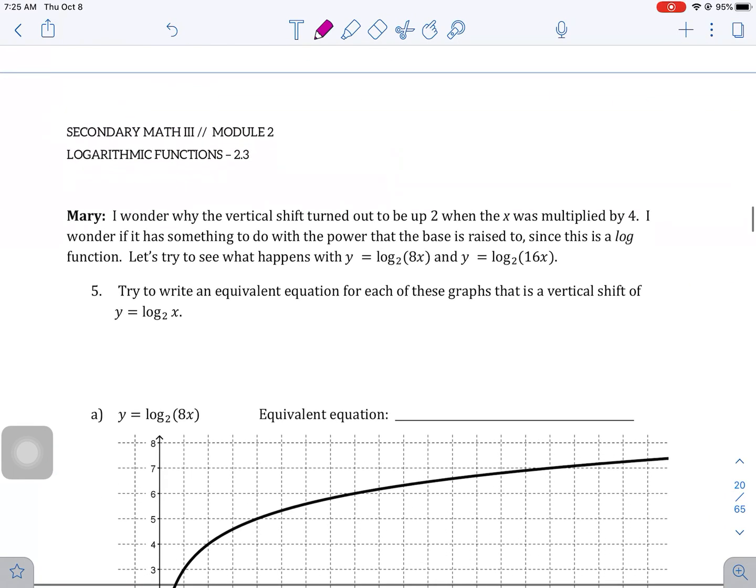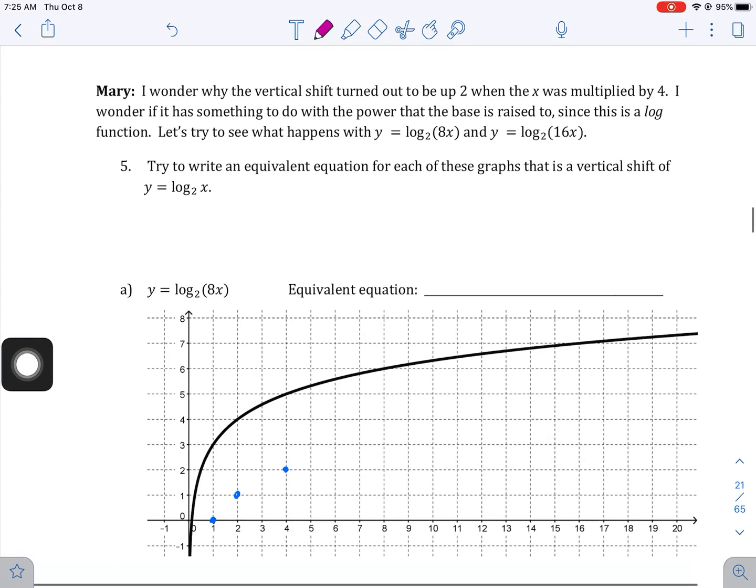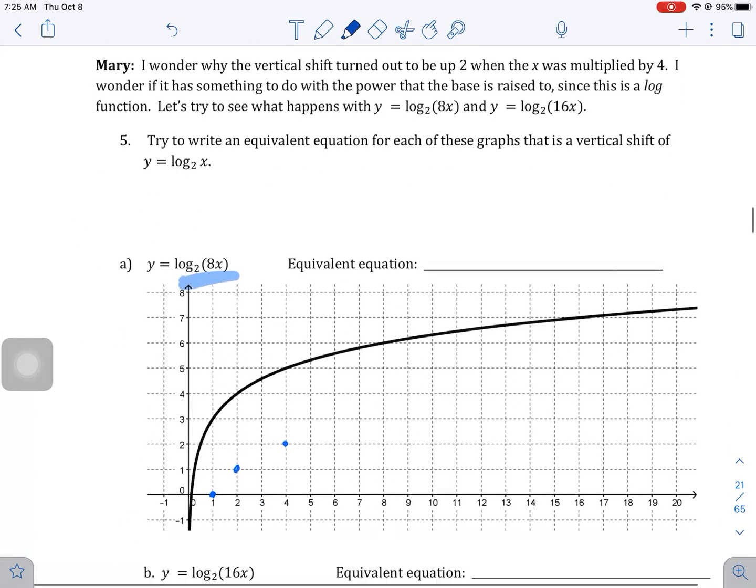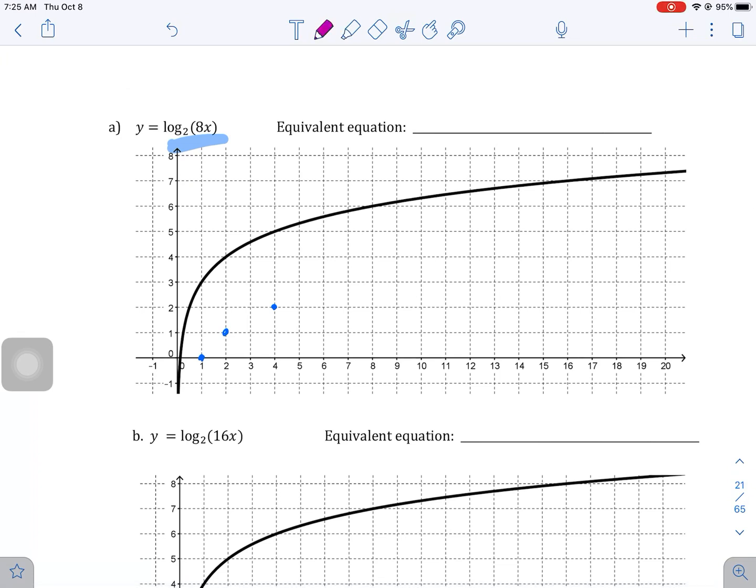Let's look at the next one here. It says Mary turned to plus 2. Let's see what happens with log base 2 of 8x, log base 2 of 16x. So here's the 8x right here. On the 8x, if you look at the distance, you notice that these points are all translated, a vertical translation, by 3.